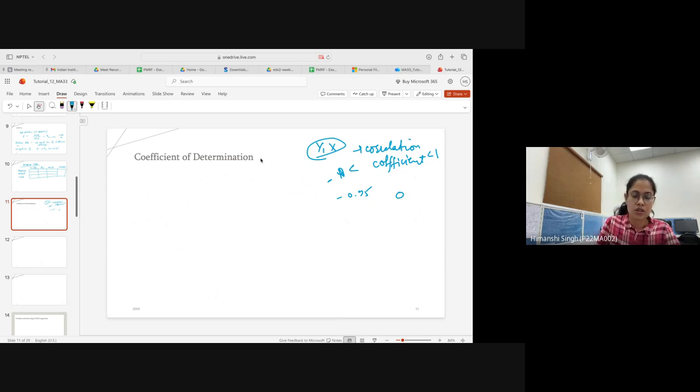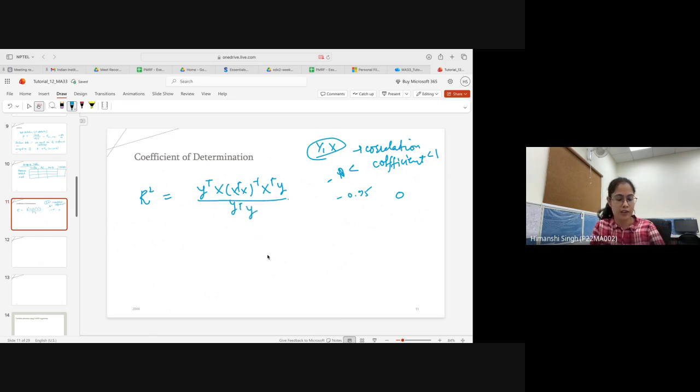That is called the coefficient of determination, defined as R square. It has a formula: if you have observations, it is x transpose x inverse x transpose y divided by y transpose y.